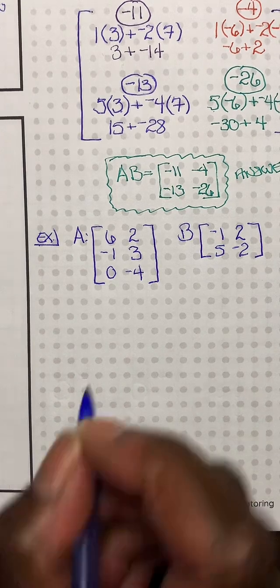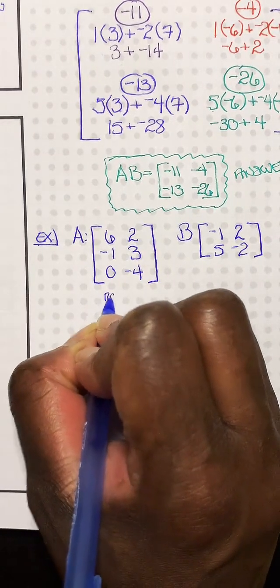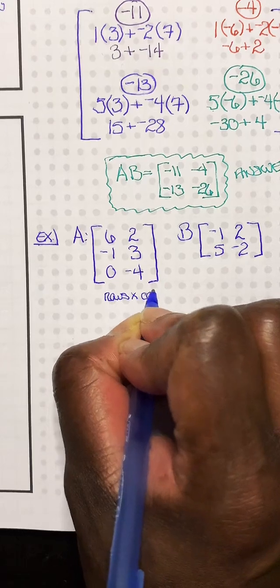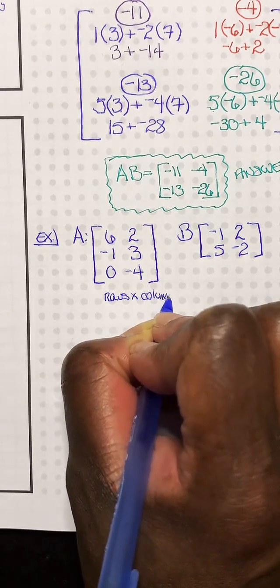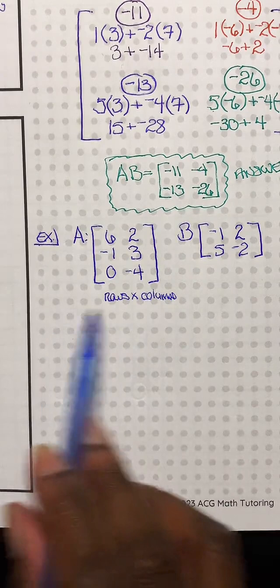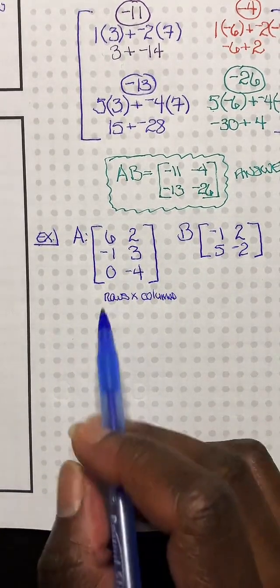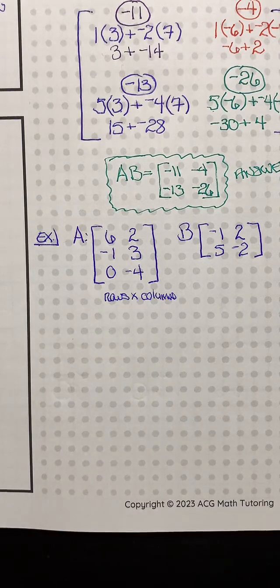Remember, it's going to be your rows, then your columns. Rows, think of movie theaters, they have rows. Columns, think of the Greek columns going up and down. So I'm still getting a mixture. Now we got 3 by 2.